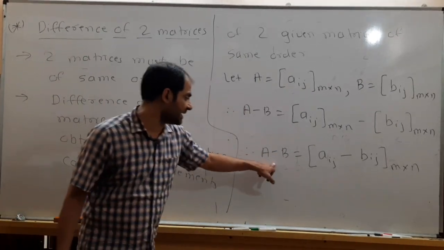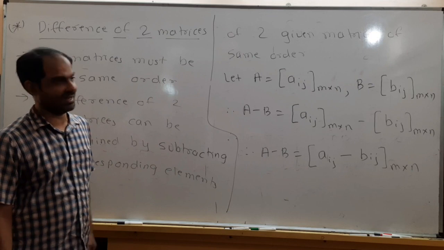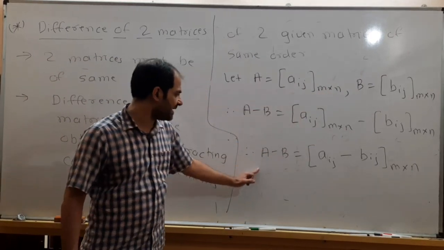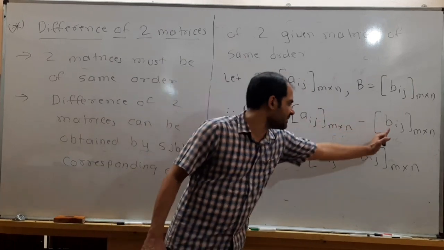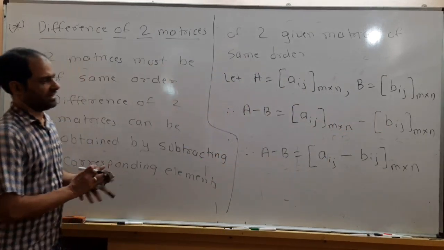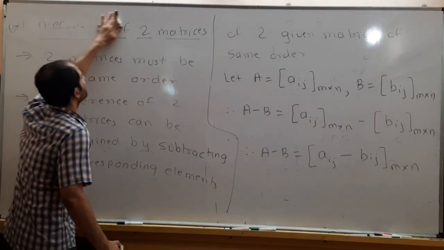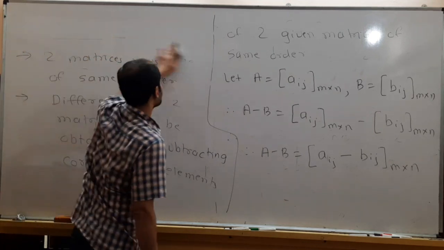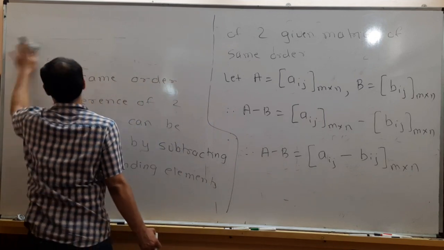So what is A minus B? It is the difference of A and B. If A is Aij, B is Bij, then A minus B is Aij minus Bij, subtracting the corresponding elements from each other.